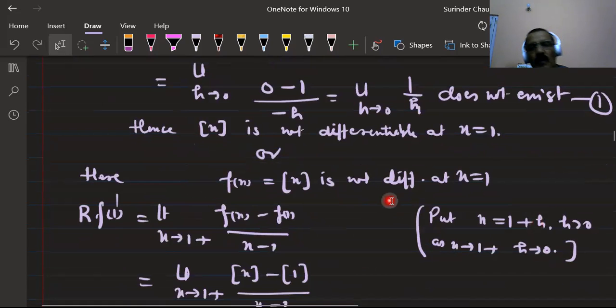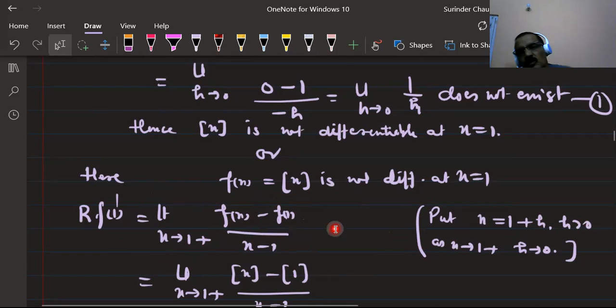You can also solve this problem by finding the right hand derivative. Right hand derivative at 1 is equal to limit x goes to 1 from positive of f(x) minus f(1) upon x minus 1.